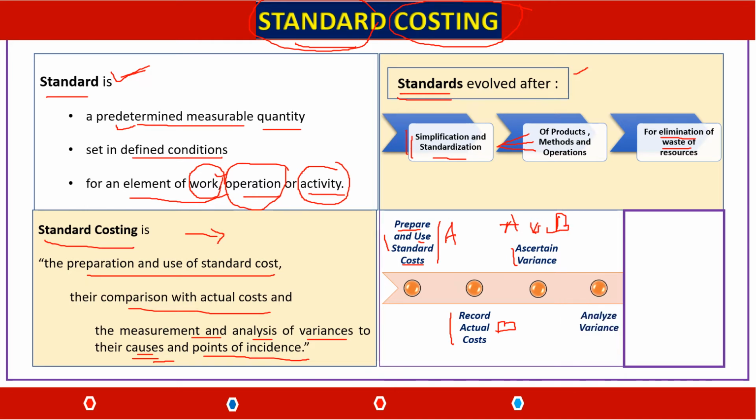Then as a fourth step, we analyze why the difference. What may be the reason for this? Once we analyze, we use it for correction to achieve the right performance going forward. Therefore, this is not only problem solving, this is futuristic in approach.